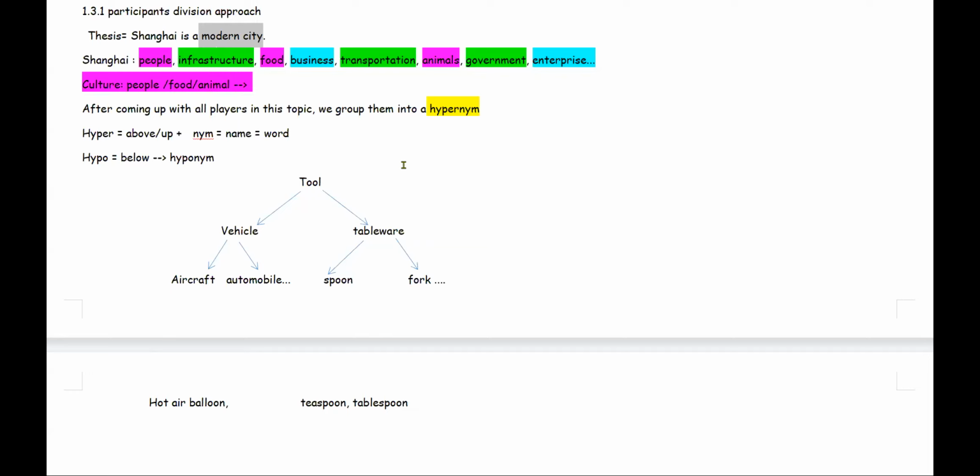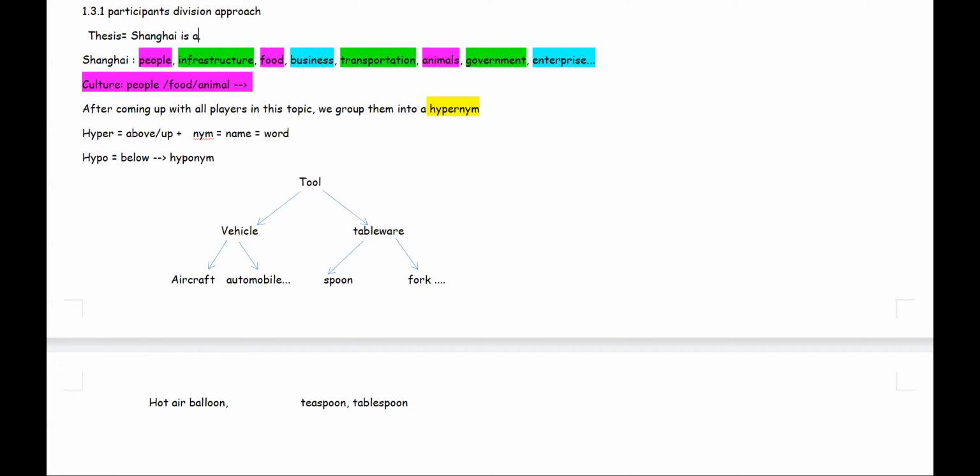So I'll ask myself, what is the characteristic of the culture of a modern city? When we say this culture is pretty modern, that means what? It's diverse, right? It's tolerant, right? So in this case, I will have my first argument. The culture in Shanghai, okay, so culture.